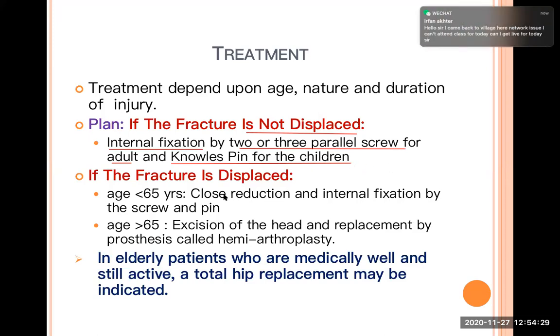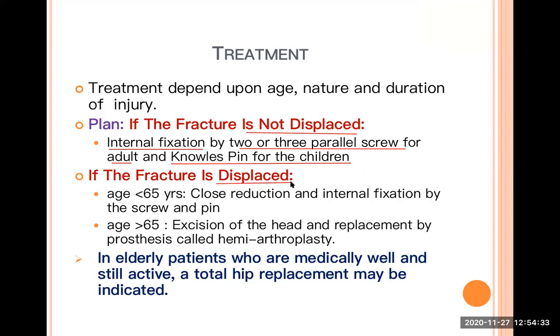But if the fracture is displaced, now we look for the age. Less than 65 years of age, we go for closed reduction and internal fixation by the screw and pin.